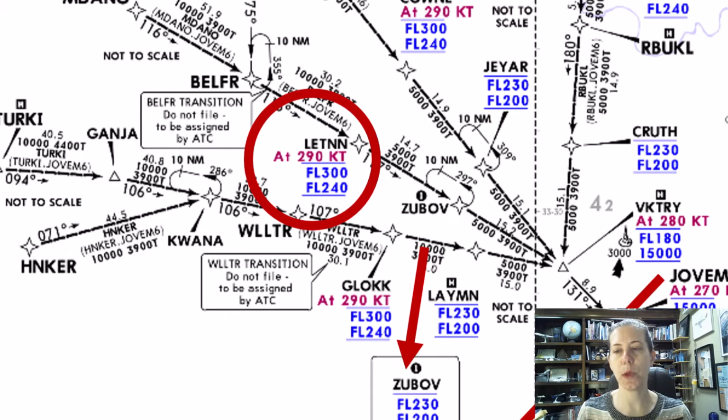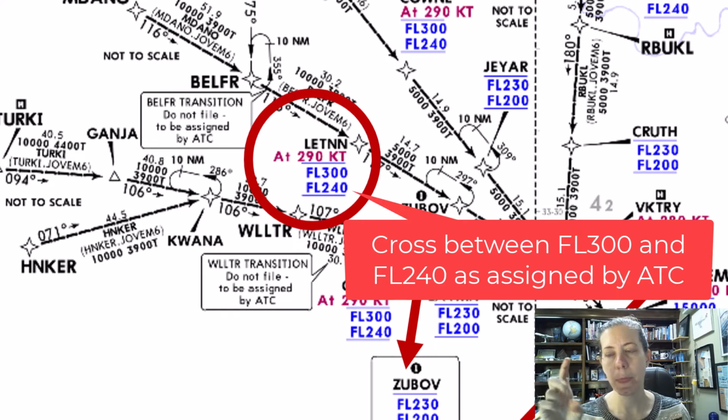And you should know what those bars mean. Okay, at 290 knots, that makes sense. But the flight level 300 and the flight level 240 with the bar, basically expecting to cross Letton intersection between flight level 300, but no lower than flight level 240. And of course, this is going to be assigned by ATC.